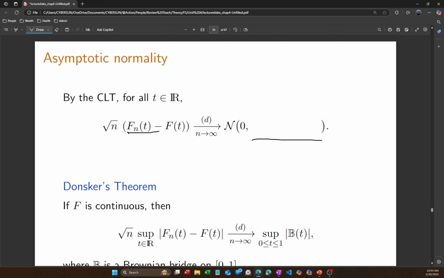Now, let's do some math here. Let Z_i be i.i.d. Bernoulli with parameter p.